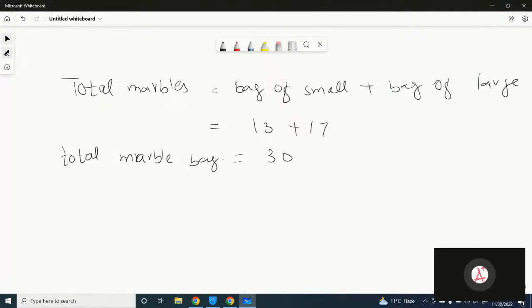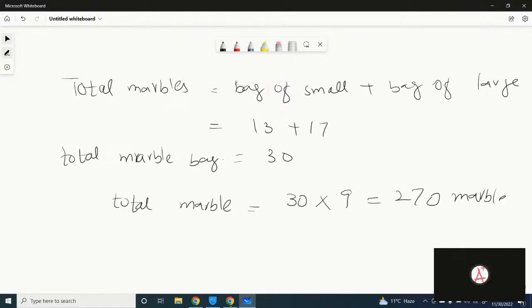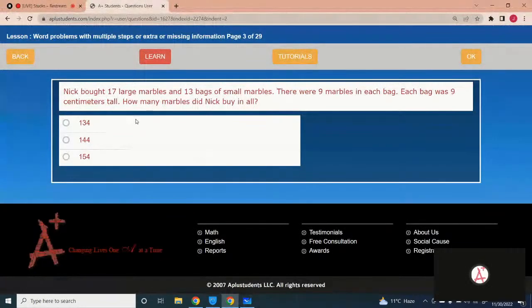Now in each bag you have 9 marbles. You have to calculate the total marbles in the bags. So you have to do 30 times 9. Got it? 30 times 9 is 270. That means the total marbles are 270. Select the correct option and then click on the OK button.